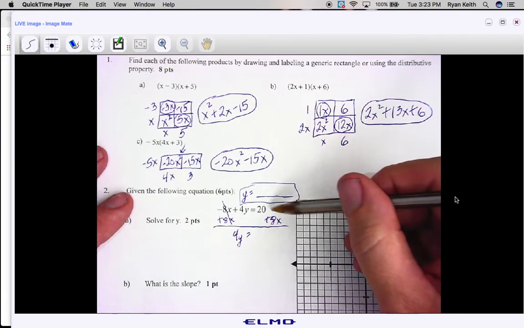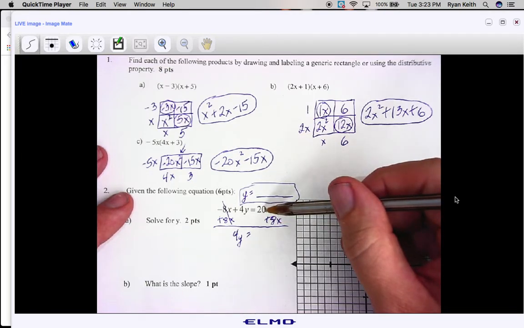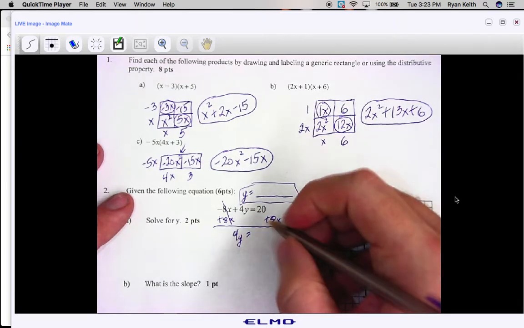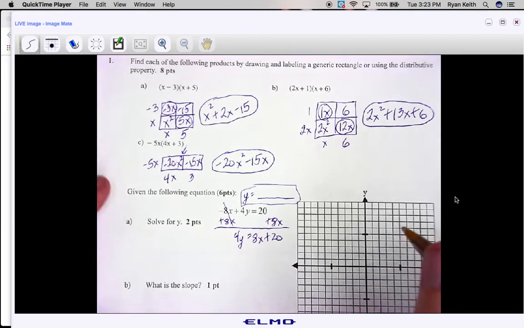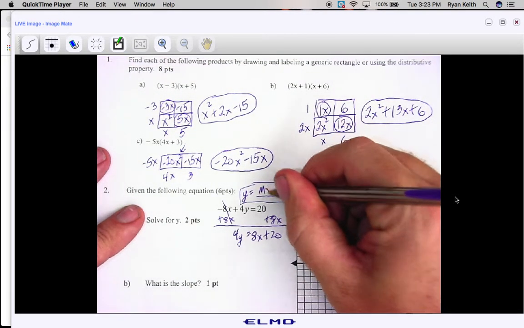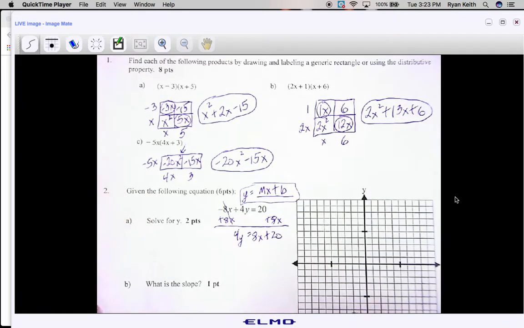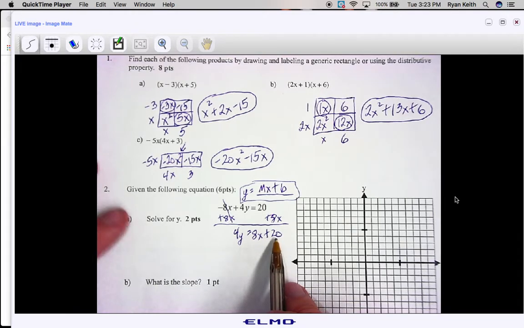Not like terms. Can't add them together. Should I write 20 plus 8x or 8x plus 20? I think writing 8x plus 20 is better because that looks more like your typical y equals mx plus b equation. I want the x in front and the number at the back.